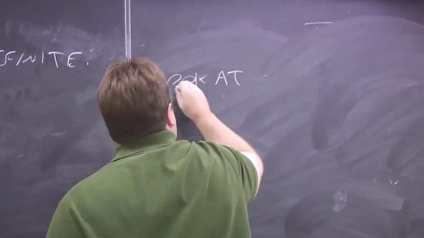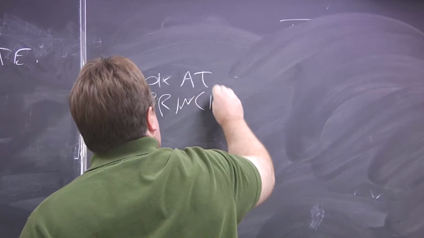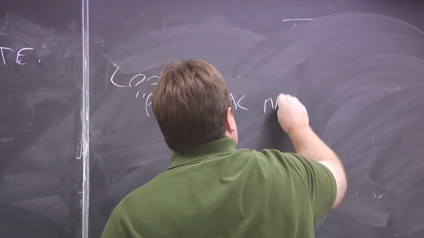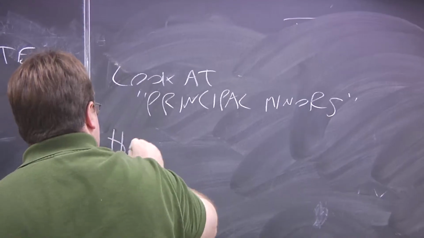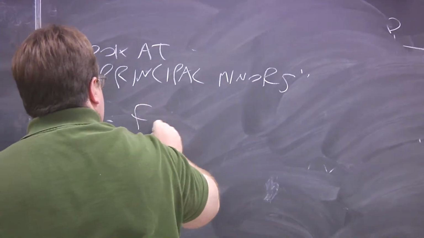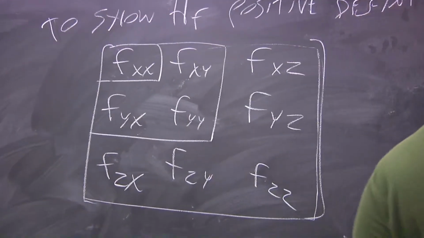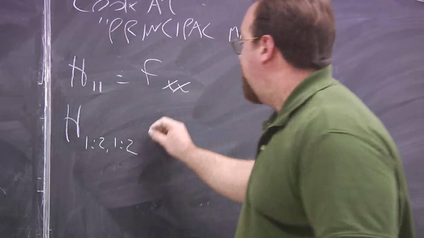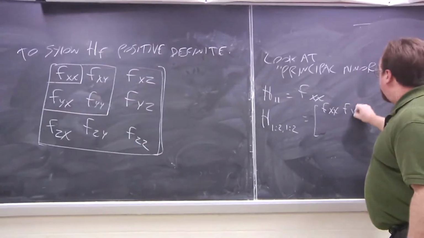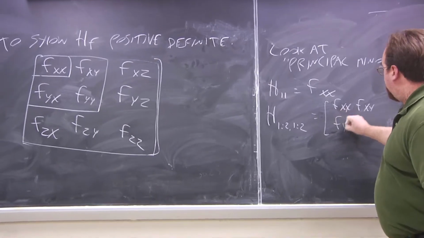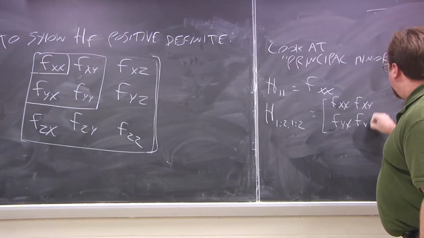All right? So you look at what are called the principal minors. So H11, that would just be the upper left element, fxx. Then the upper 2 by 2 block, so that's fxx, fxy, fyx, fyy.